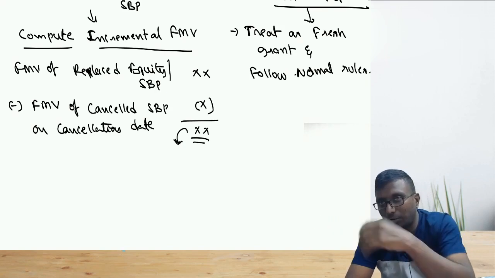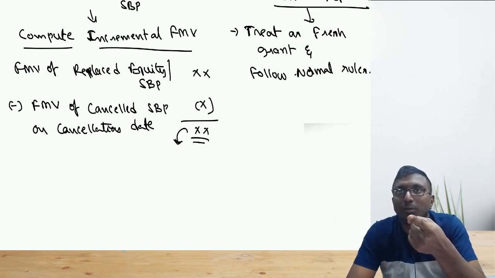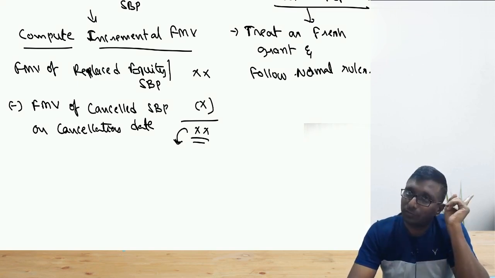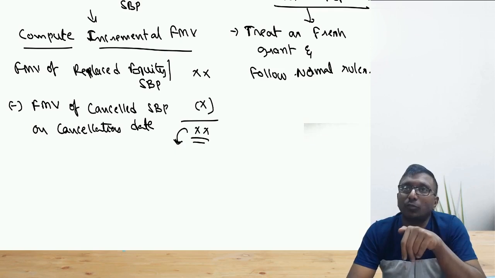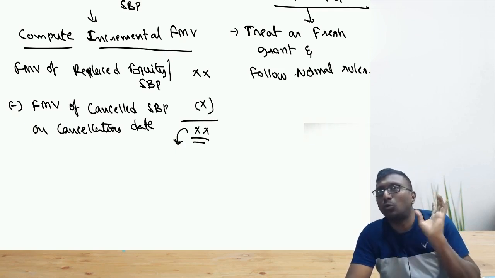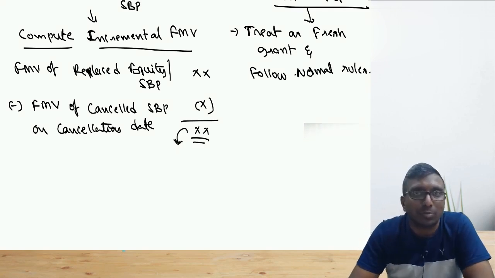Even in the incremental fair value of the last situation, situation number 1, modification also, what did you take? Fair market value of the modified repriced share option on the date of modification minus fair market value of the old terms, right now. Here also the same, the fair value of the old terms, the cancelled situation.